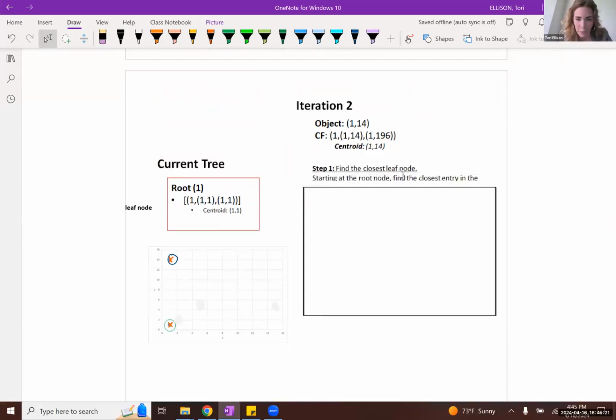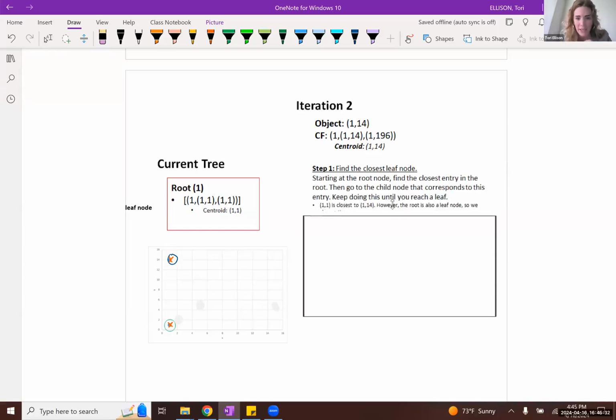So the first step is we basically want to figure out what we should do with this potential subcluster. So what we do first is we find the closest leaf node. Starting at the root node, we find the closest entry, the closest subcluster in this root.